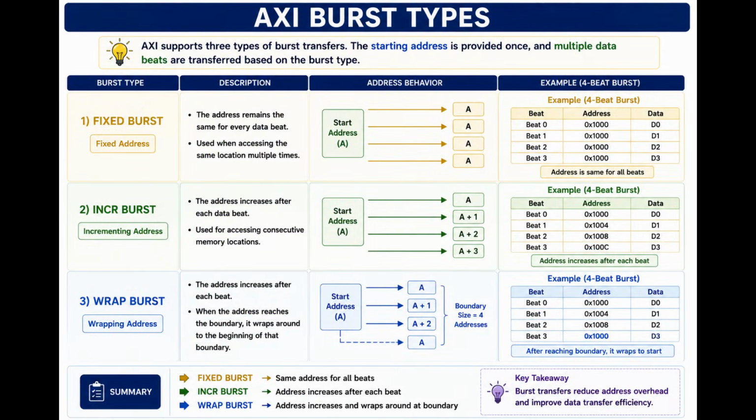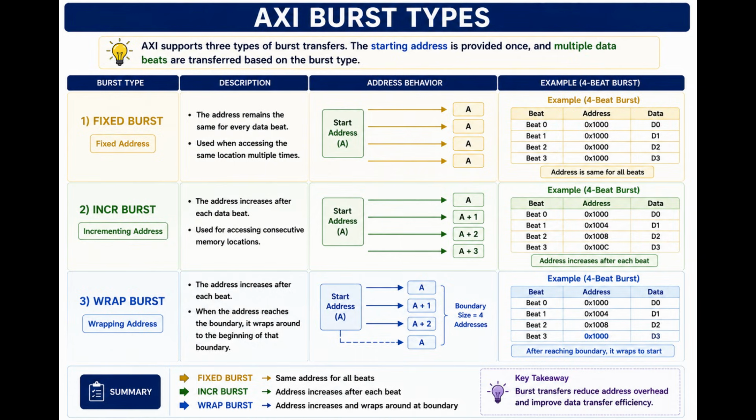Now we understood what a burst transfer is. Let's look at the different types of burst transfer supported by AXI. There are three main burst types: FIXED, INCR, and WRAP. In a FIXED burst, the address remains the same for every data beat. In an INCR burst, the address increases after each data beat.